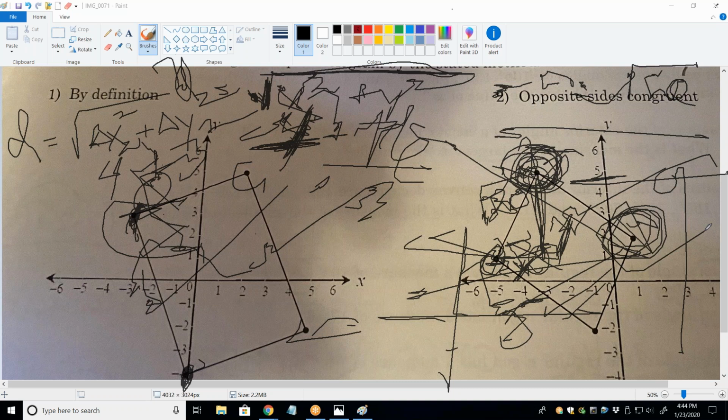We're not on that line anymore. So what's the difference in the y-coordinates? 5 minus 2 is 3. So again, it's 4 squared plus 3 squared. That's 25. Square root of 25 is 5. So it's the same, and we've just proved that it's a parallelogram.